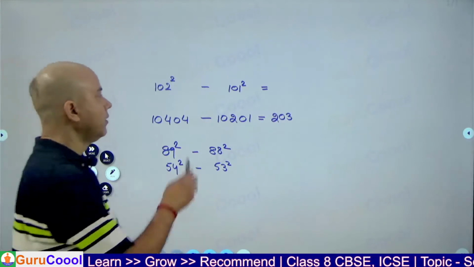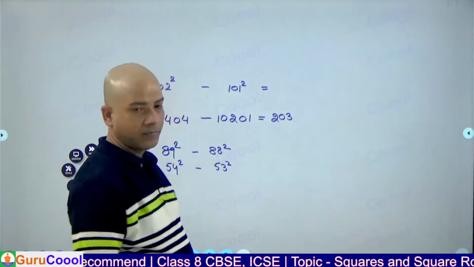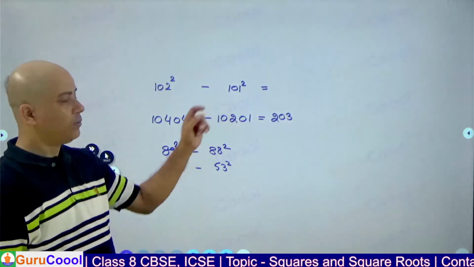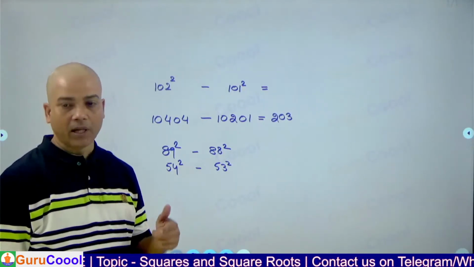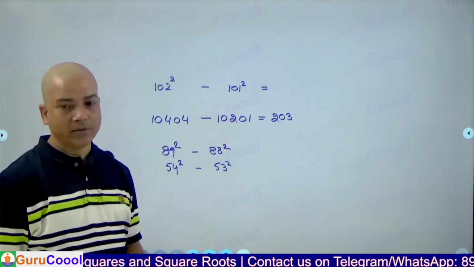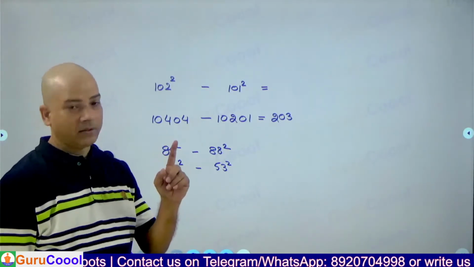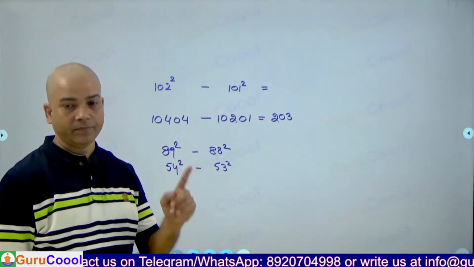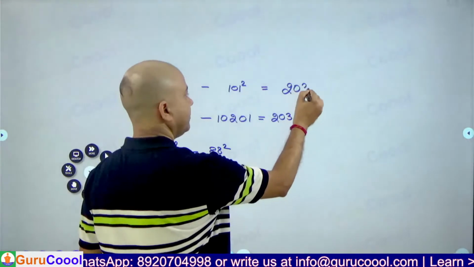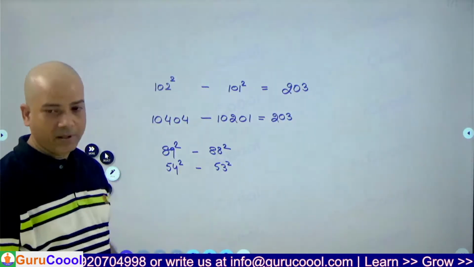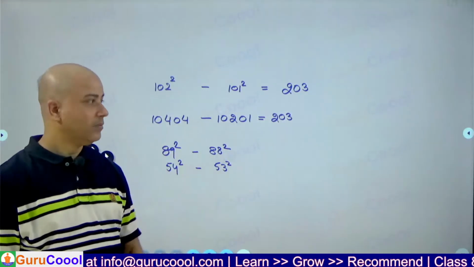What I will do is pick the smaller number, 101, and multiply it with 2. Can you tell me 2 times 101? 202. Add 1. 203. My answer is ready. I will take the smaller number, multiply with 2, add 1. The answer is ready.